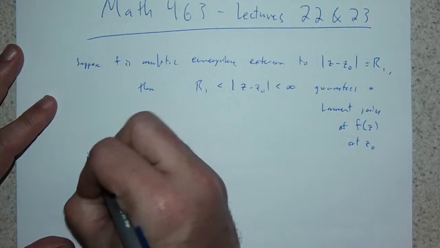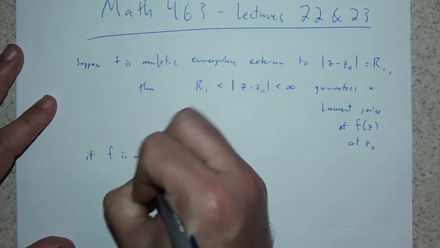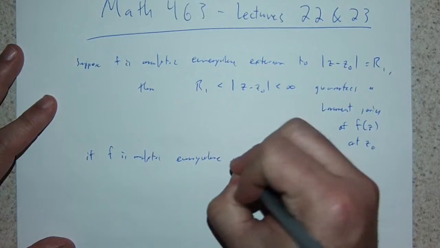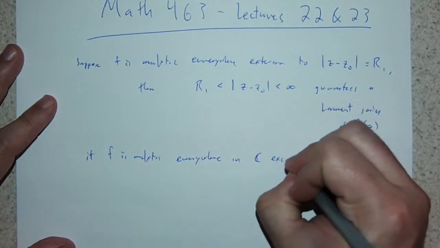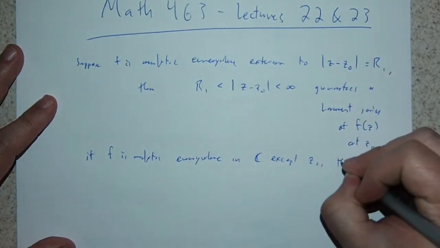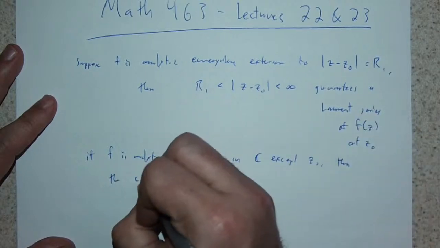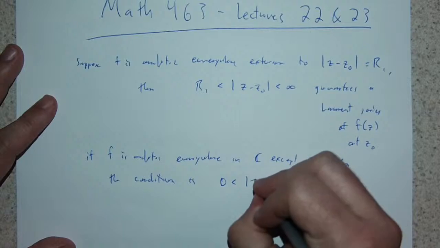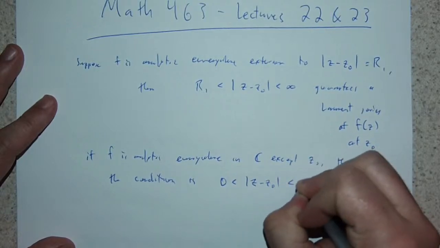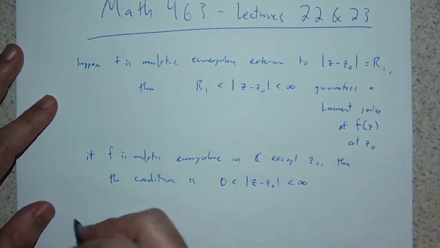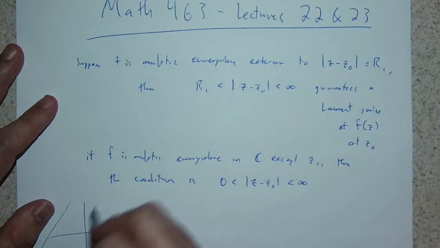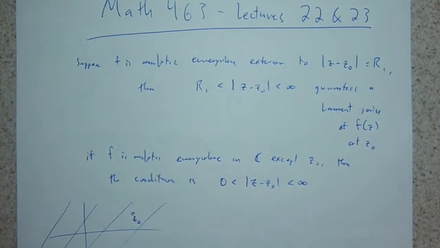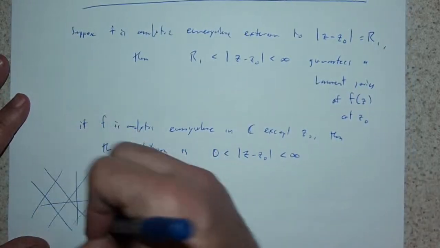If f is analytic everywhere in C except z naught, then the condition is the punctured plane. All right, what is that condition? Everything is fine except z naught. There's a hole at z naught, but everything else is fine.